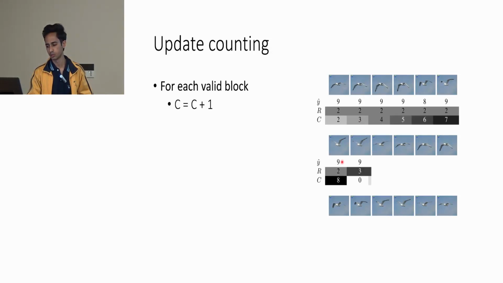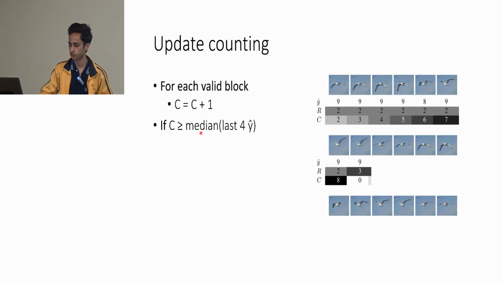To signal when an action has repeated, they check if this counter is greater than or equal to the median of the last 4 predicted cycle lengths. So when we are in this frame, C will become 9, and the median of the last 4 predicted cycle lengths is also 9. So it signals that an action has repeated, and they update the value of R by 1, and they reset the counter to 0.